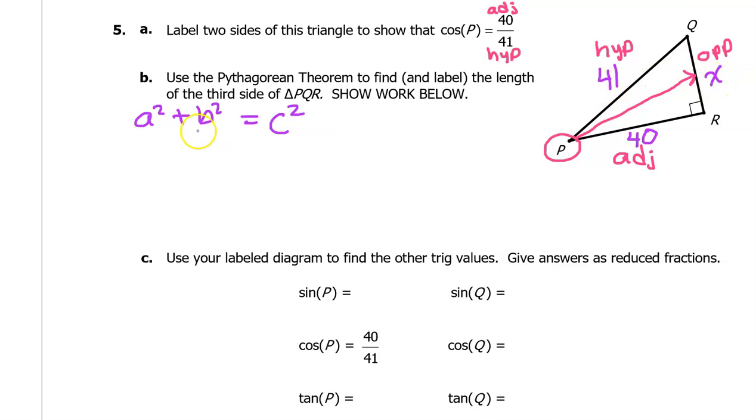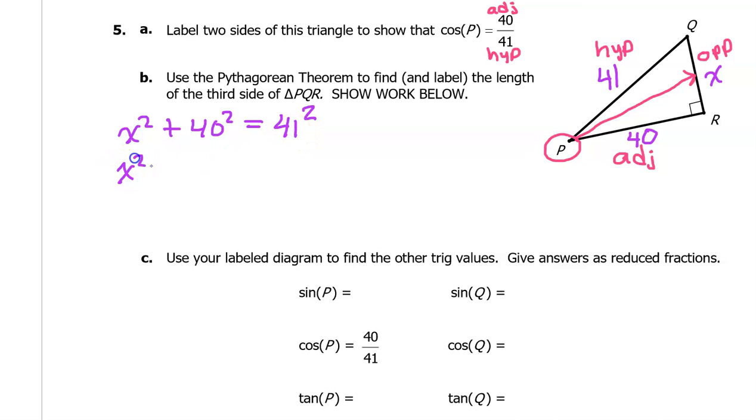So this x is going to be, it doesn't matter whether it's a or b, but it's going to be one of those. So I'm just going to erase this and do what I said. So we are going to have x squared plus 40 squared is equal to 41 squared. So again, when you do the Pythagorean theorem, make sure that your hypotenuse is always the number that's by itself.